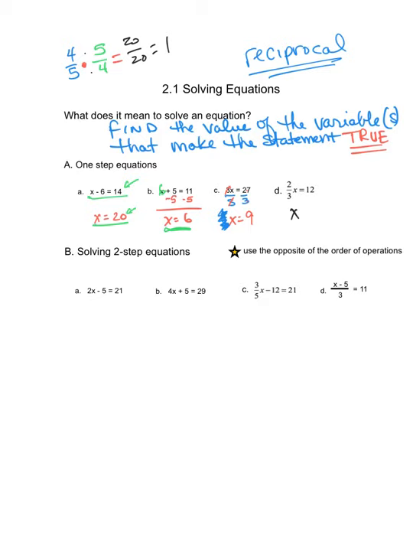Yeah, multiply it by its reciprocal, which is 3/2. So if we multiply this side by 3/2, we must also multiply this side by 3/2. Sweet, because 3/2 times 2/3 is 1. 1x is just x. Now we have 12 times 3/2.